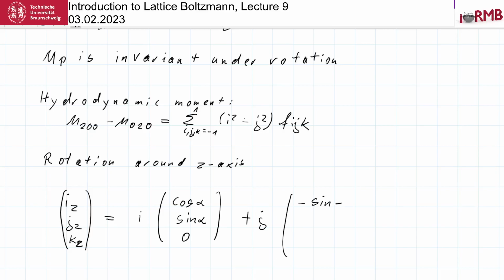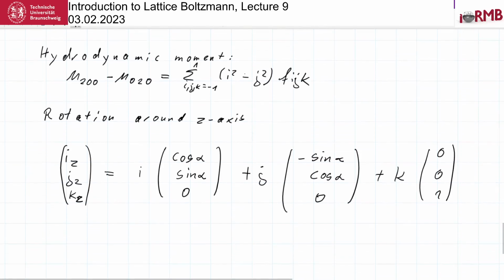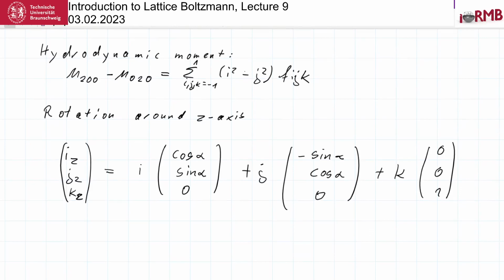This is minus sine alpha, cosine alpha, 0, and here we have k: 0, 0, 1, where you see this is just identity for this, basically. Okay, so what we now want to know for that moment, we want to know what is i_z square. So we compute i_z square, and this now will be i cosine alpha minus j sine alpha.